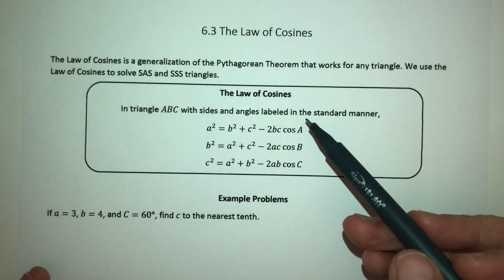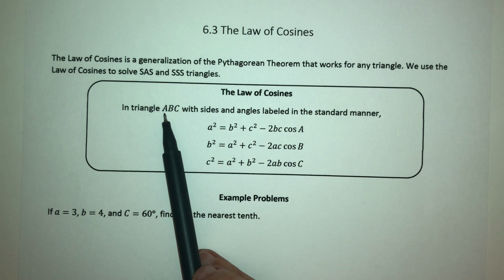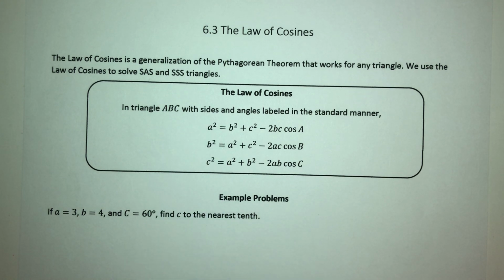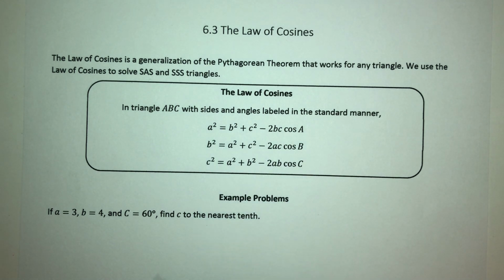Now, the law of cosines we have three different versions of, but they're really all the same, okay? So we are going to start off with a triangle ABC, and the sides and the angles are going to be labeled in the standard manner, so that side A is directly opposite angle A, and so on, okay?